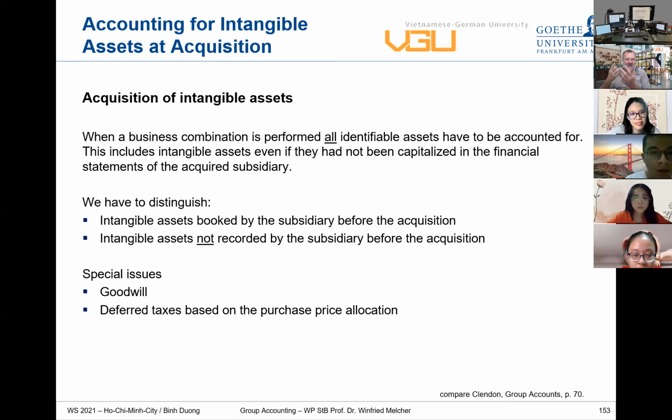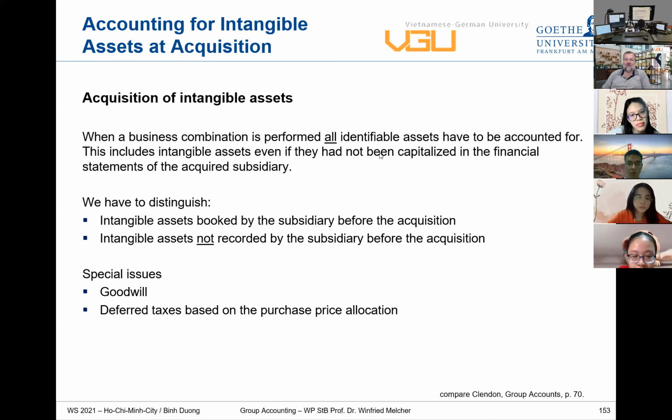A patent is not sitting on a shelf. A patent is a right to manufacture something, to sell something. So it's not visible, and therefore it might be a problem to identify these assets.